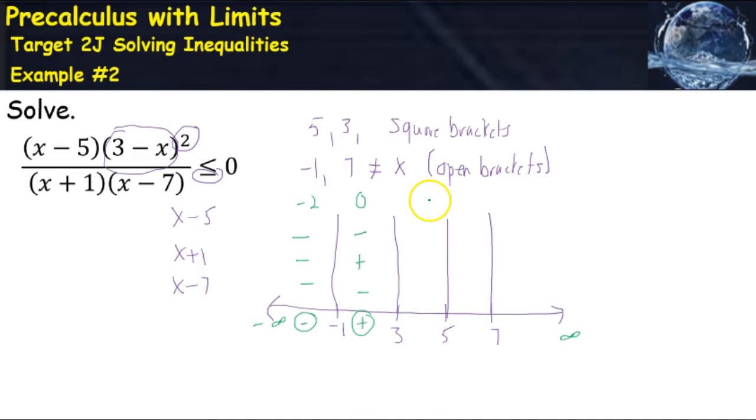So something between 3 and 5, so 4. 4 minus 5 is negative, 4 plus 1 is positive, and 4 minus 7 is negative. Okay, apparently I said that wrong. Okay, so negative times a negative and a positive is a positive.